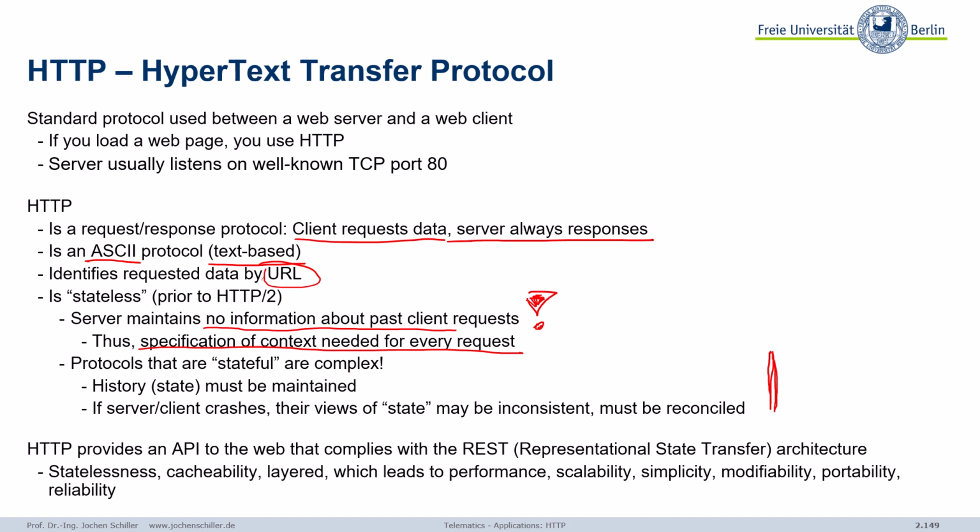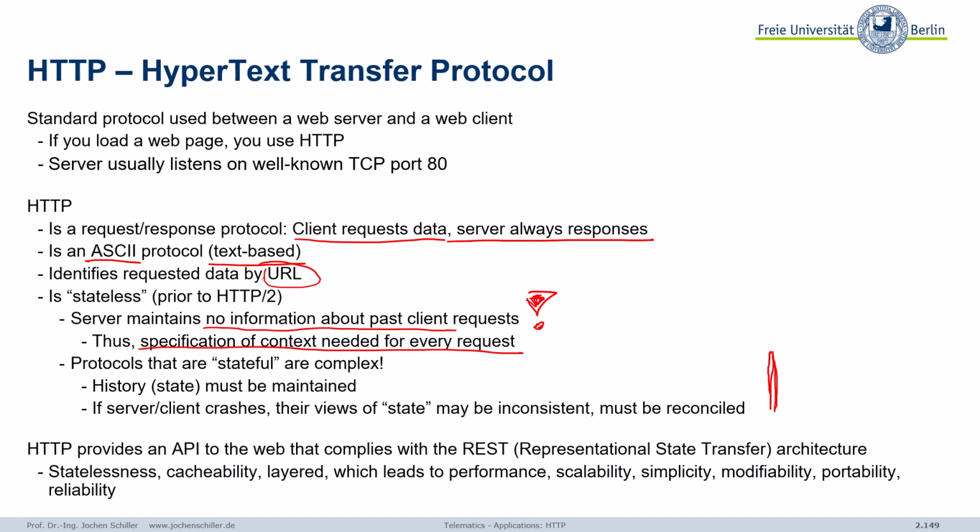Maybe you know this from programming. So HTTP basically provides an API that complies with the REST architecture, representational state transfer. That means it's stateless, it's cacheable, it's layered, which results in better performance, scalability. It's way simpler.